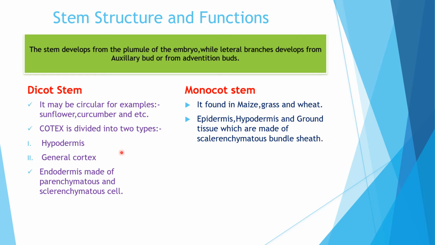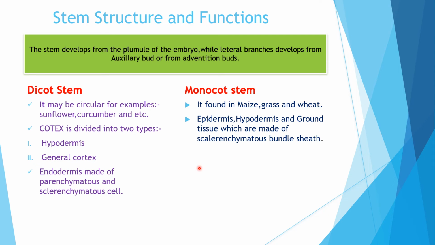The internal structure of a dicot stem includes the cortex, which is important. The cortex is divided into two types: hypodermis and general cortex. The endodermis is made of parenchyma cells. In the monocot stem, the epidermis, hypodermis and ground tissue are made of sclerenchymatous cells and bundle sheath.